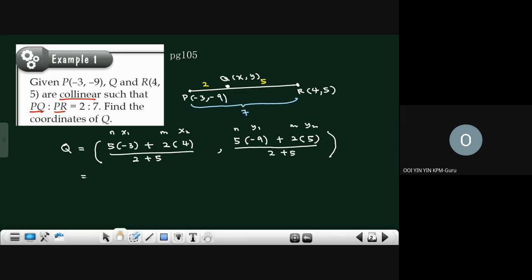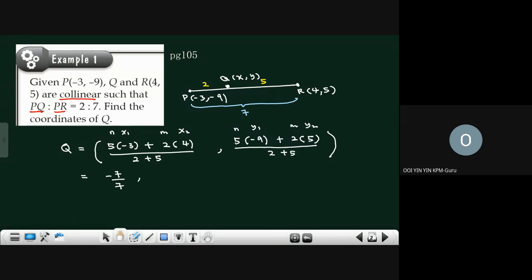Starting from here now, count. This one you get negative 15, and then plus 8, you get negative 7 over 7. Negative 15 plus 8 is negative 7 over 7.